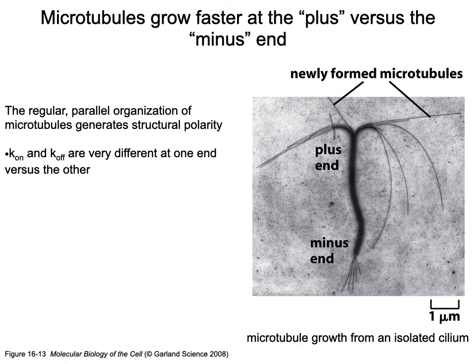But if you have a higher rate of K off, then that's where you would get shrinking or decreased growth. And again, the plus end is where we're going to have the growth.